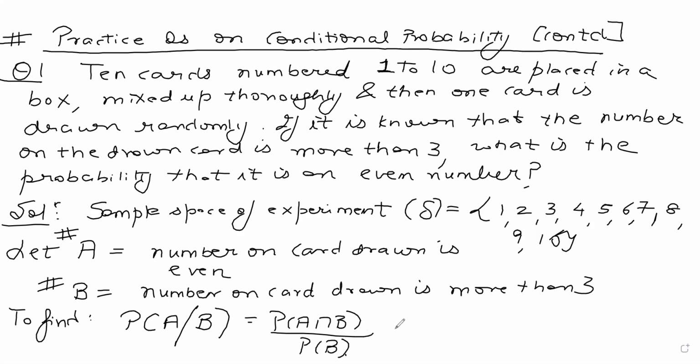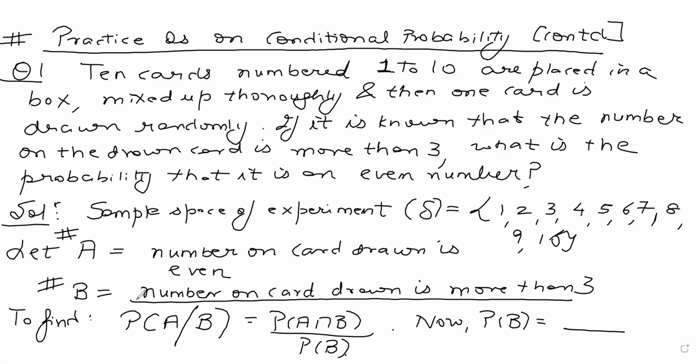Now, what is the probability of B? Probability of B is that the number on the card is more than 3. Now, guys, what are the total number of outcomes? 1, 2, 3, 4, 5, 6, 7, 8, 9, 10. Total number of outcomes is 10. What are the favorable number of outcomes for the event B?